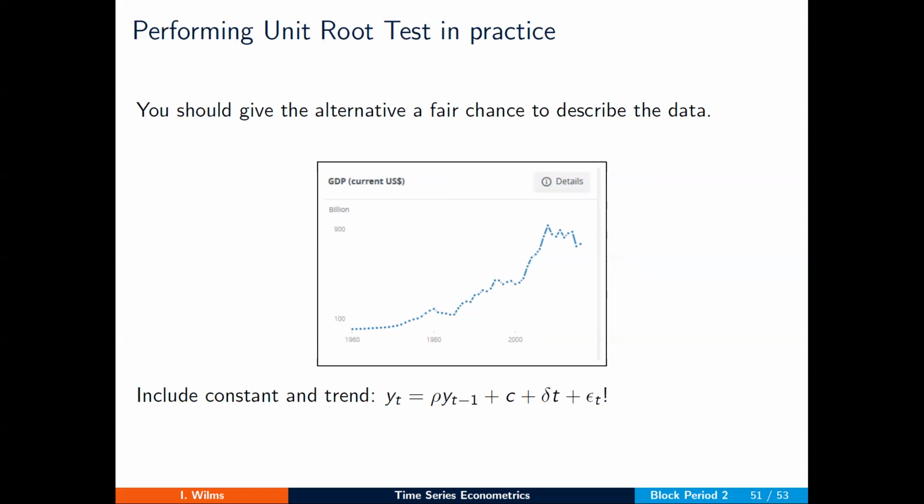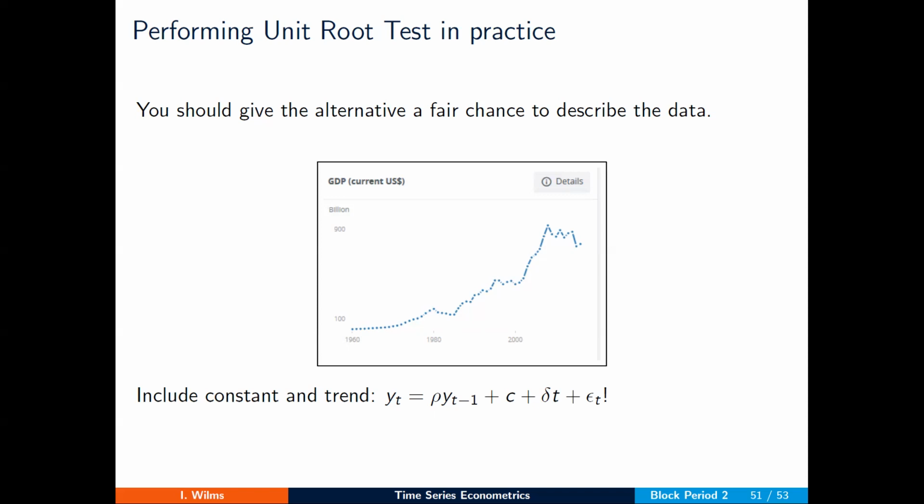If there is a trend, you would like to make the decision on the nature of the trend. So is it a trend or a difference stationary process, where the null corresponds to difference stationarity and the alternative is trend stationarity? If, on the other hand, you don't put a trend when there should be one, you might falsely conclude that the series is difference stationary, just because the alternative is given no fair chance in describing the data.